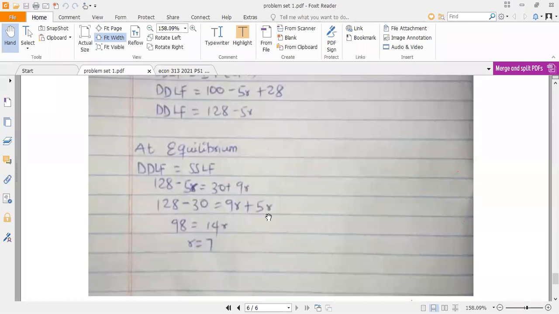I think the last part of this question was to compare the relative effectiveness of the two policies. For the first one, when they reduced the marginal tax rate, there was a real effect. There was a change in the real wage, and as a result, there was a change in the units of labor, and then there was a change in real output.